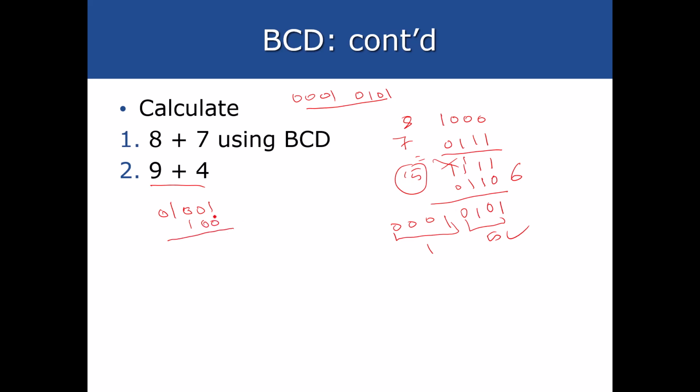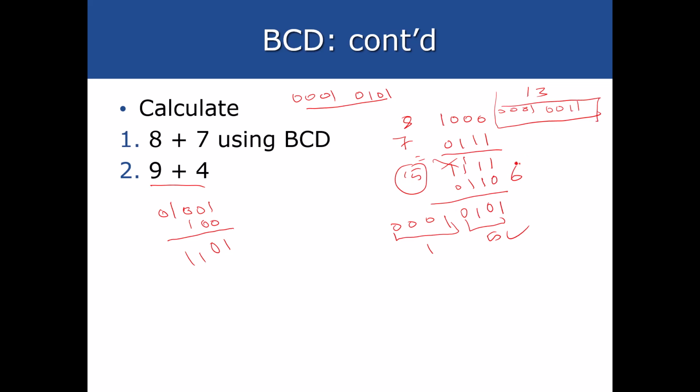When we add, we're going to get 1, 1, 0, 1, and this one is 13. This is not acceptable. Again, we are expecting 9 plus 4 to give 13, and 13 should be something like this: 0, 0, 0, 1 for the 1, and for the 3, 0, 0, 1, 1. We expect something of this form.